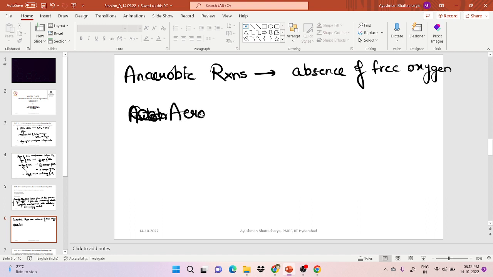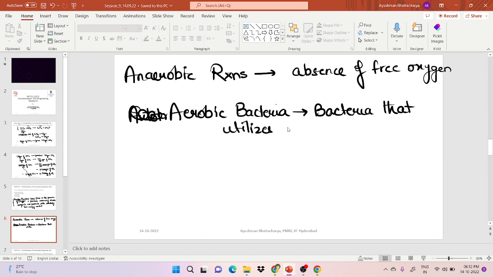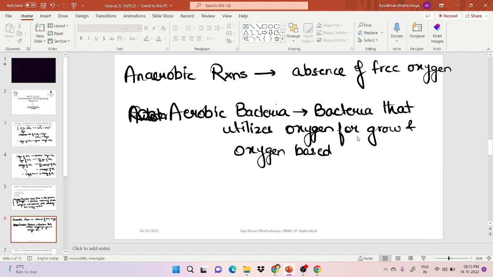Aerobic bacteria are bacteria that utilize oxygen for growth and oxygen-based metabolism.